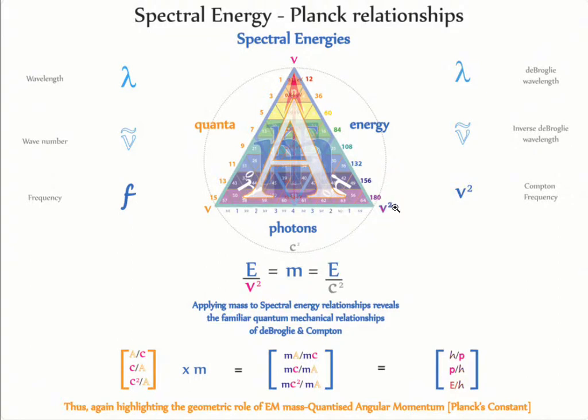Again, in most cases we calculate for quanta, but we can also calculate for photons, because we know that it takes 2 quanta to make a photon. So in this case we've indicated the natural distribution of energy in terms of photons.